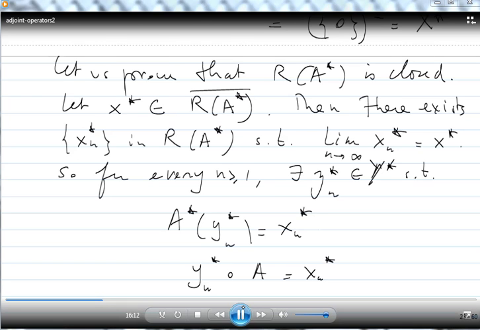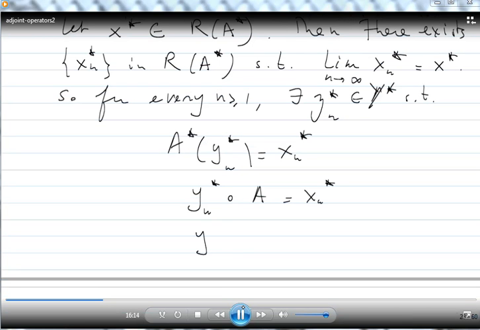And now since A is invertible, this is exactly xn star composed with A inverse.